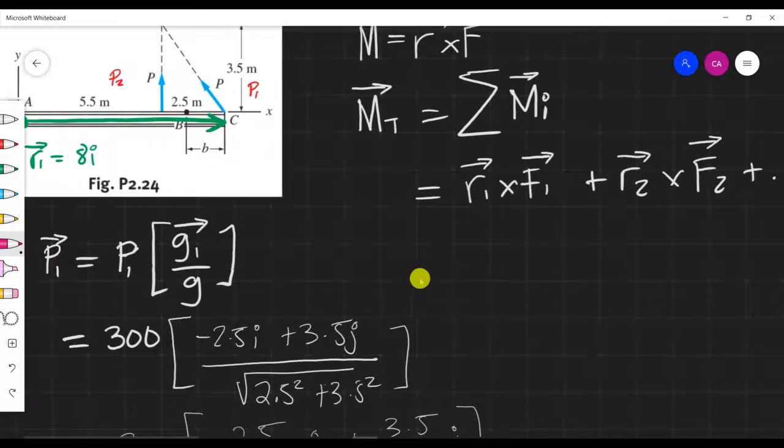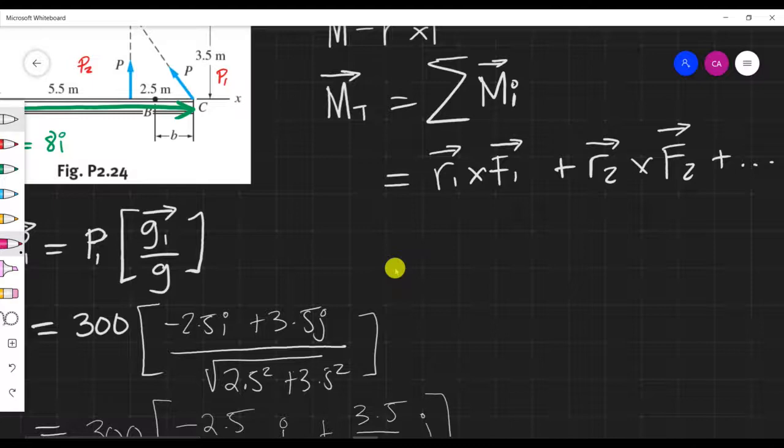So, hanapin na lang natin yung vector ng P sub 2. Okay, ano yung vector niya? Since siya ay exclusively pataas, wala na masyadong analysis. So basically, positive 300 J. Bakit 300?